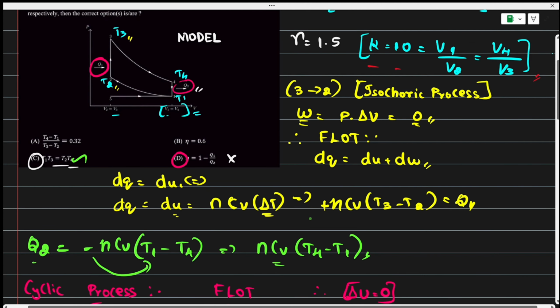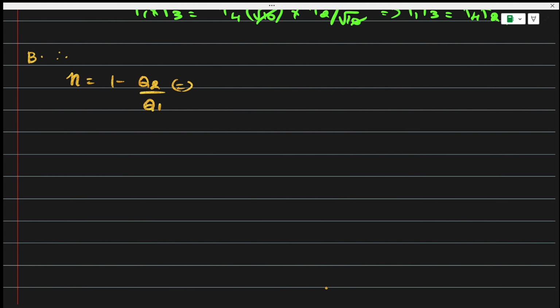We need to check now A and B. We know that eta is equal to 1 minus Q2 by Q1, that we have found before in the question. The value of Q2 is equal to N times CV times T4 minus T1, and Q1 is N times CV times T3 minus T2.